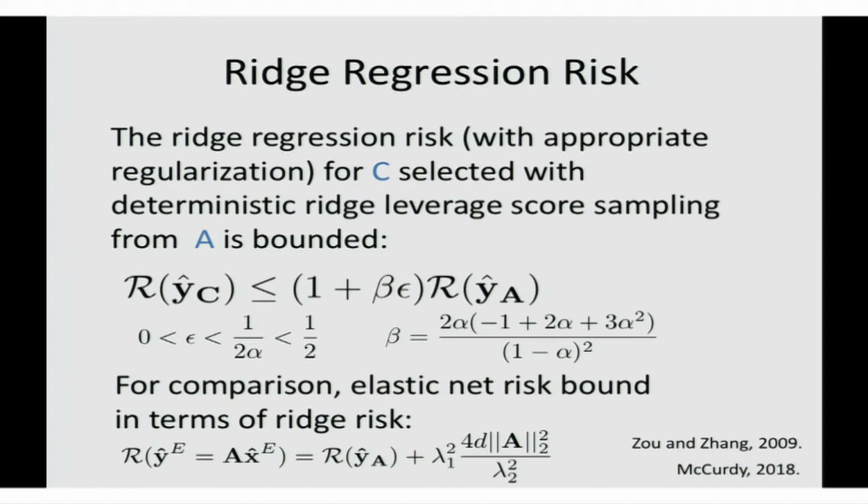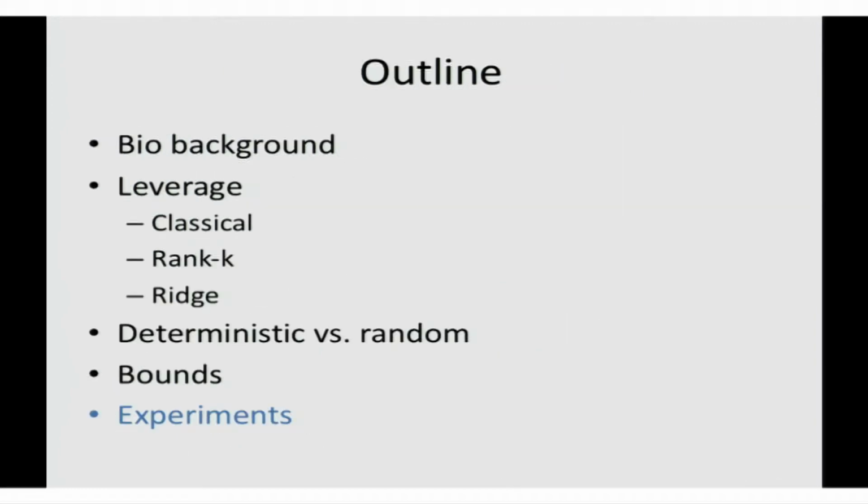And so you get both sparsity as well as the shrinkage factor that you normally get from ridge regression. Elastic net is an interesting comparison because there you get shrinkage from the L2 normalization, but you get sparsity from the L1 normalization. So you can compare the two risks and find a point where they are equal.